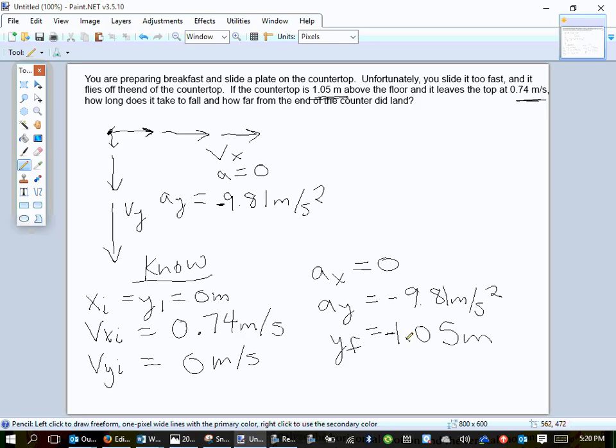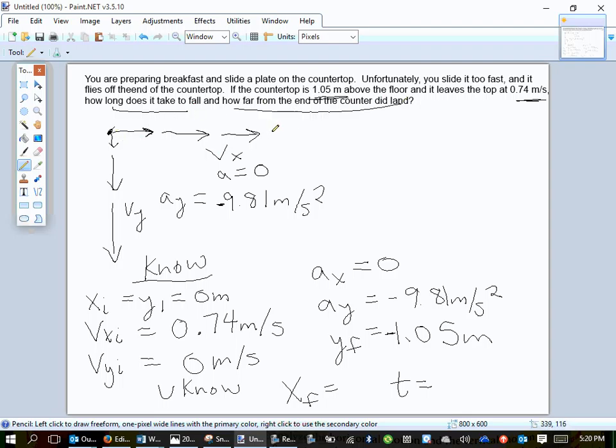Now we need to find an equation that we can use to get what we want to find out. What we want to know is x final, which is unknown, and we also want to know time. So how long does it take and how far from the end of the counter?